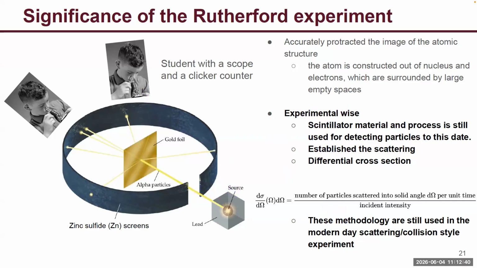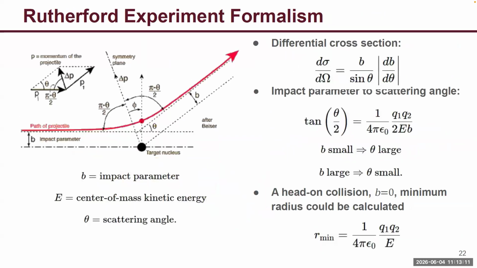Our far forward region instrumentation relies on scintillator material, which is very important. Then we also have the differential cross-section description from the Rutherford scattering, and there is a formalism which you will see in detail in the next part. It's a very nice experiment that we still benefit from today.